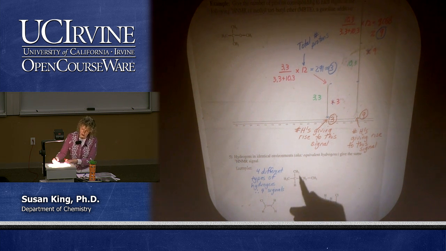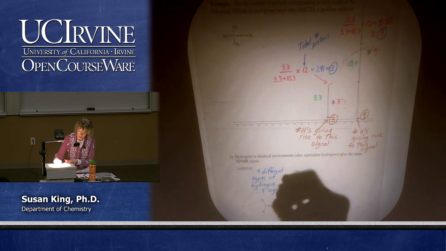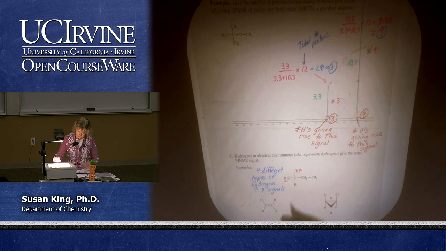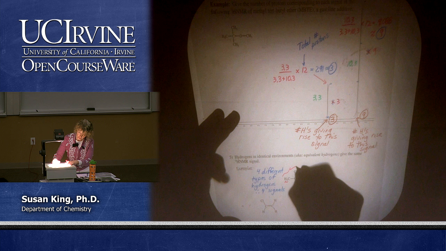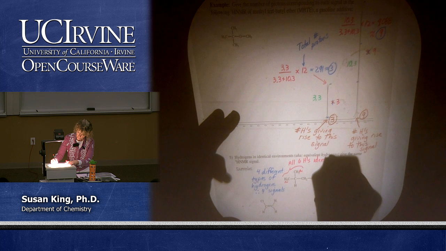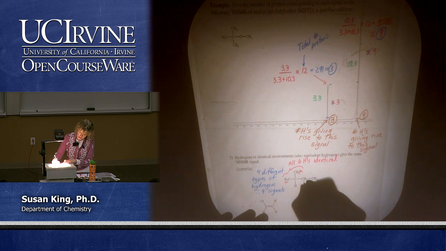So this methyl and this methyl here are identical. Okay, remember, we don't have 90-degree angles. This guy's rotating. These 2 methyls are identical. We'll call those HA, and this one HA. And so all 6 of these hydrogens are identical. Next one would be HB. These 2 hydrogens are identical.